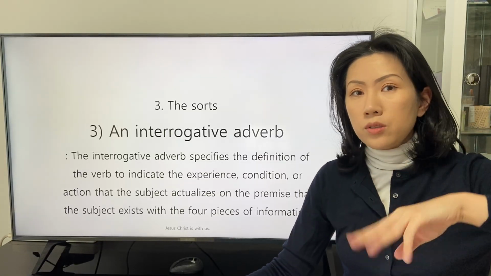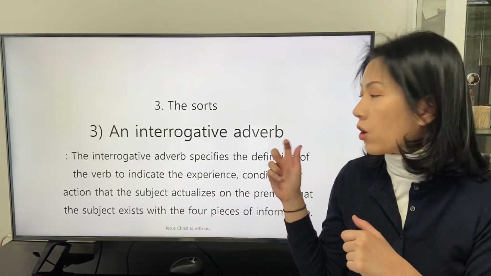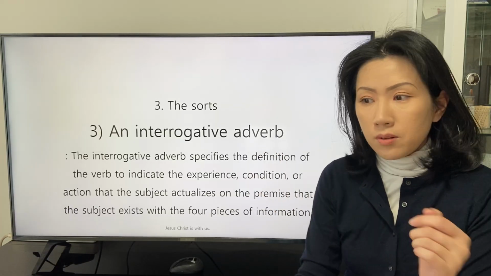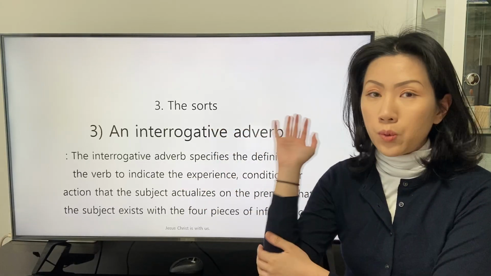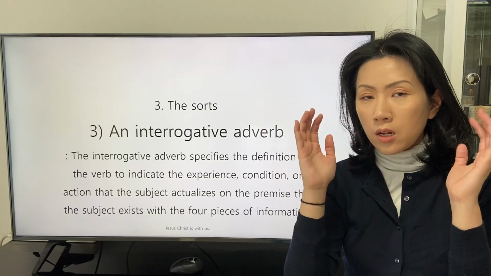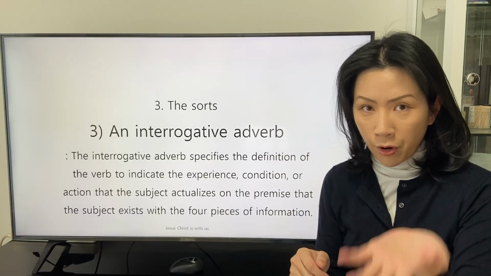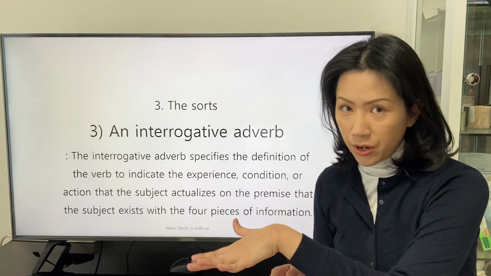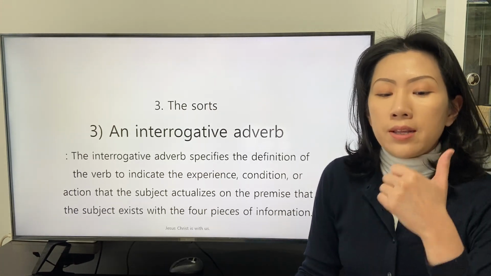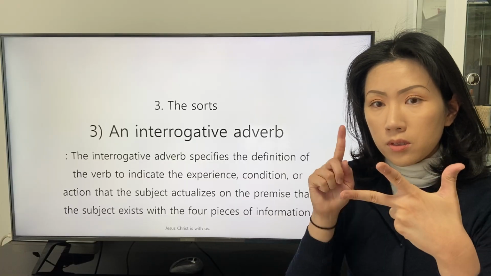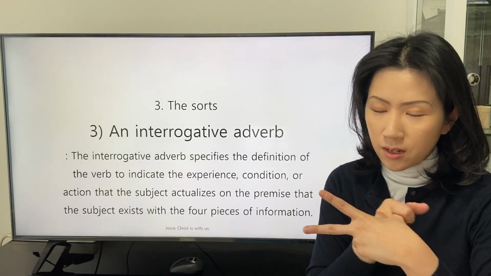The third descriptive word is an adverb. An adverb describes a described word. An adverb is a descriptive word for the other descriptive word. So we can understand that the adverb describes a verb.